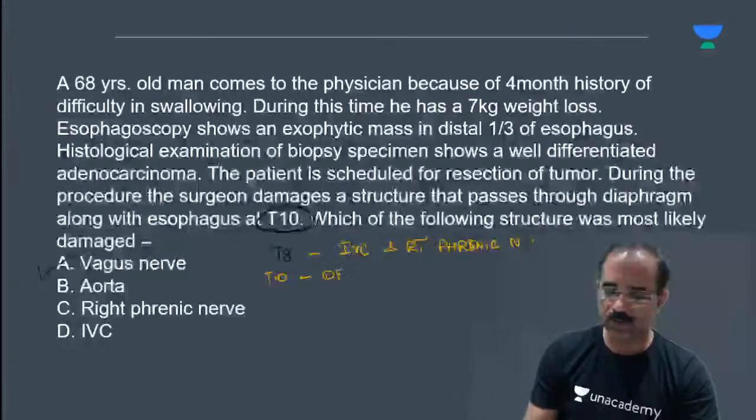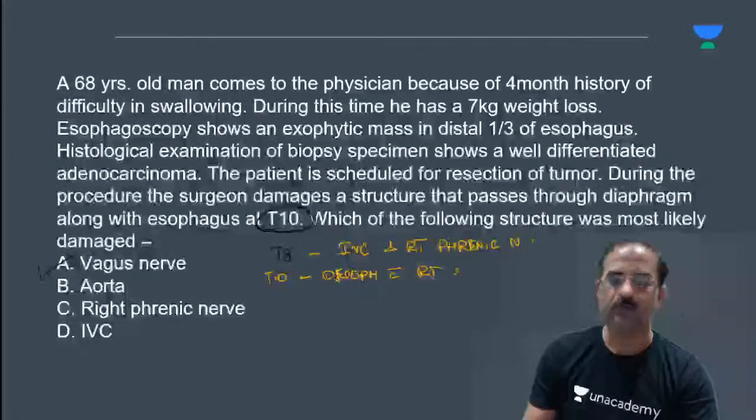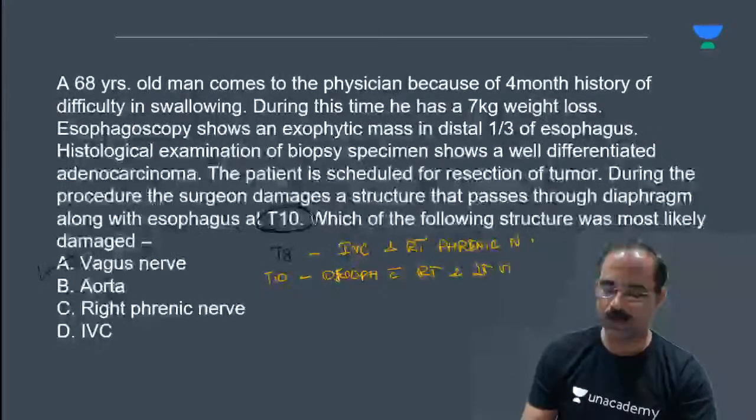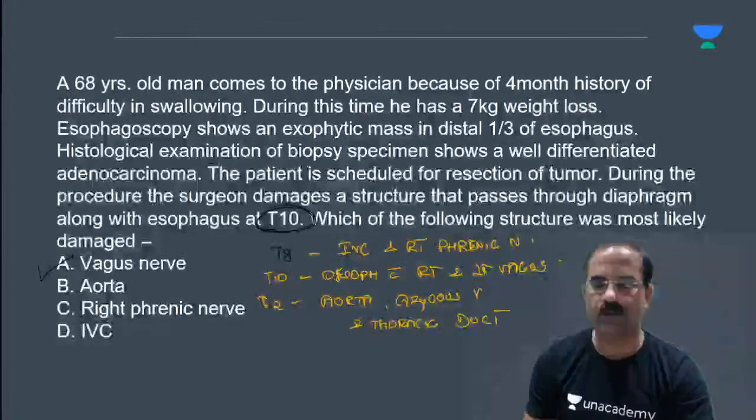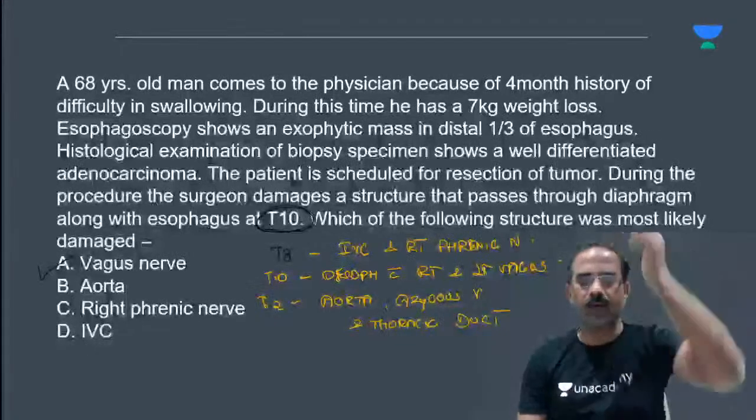T10 is the esophagus with right and left vagus. T12 is the aorta, azygous vein and the thoracic duct.